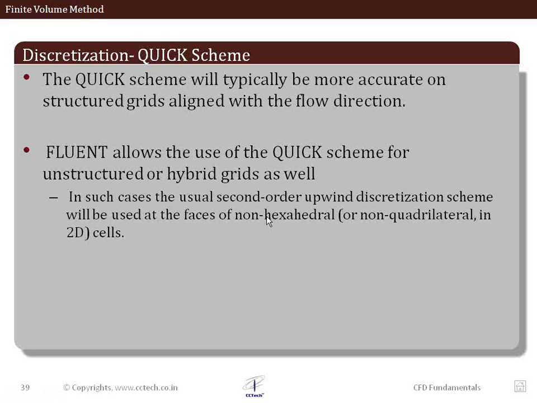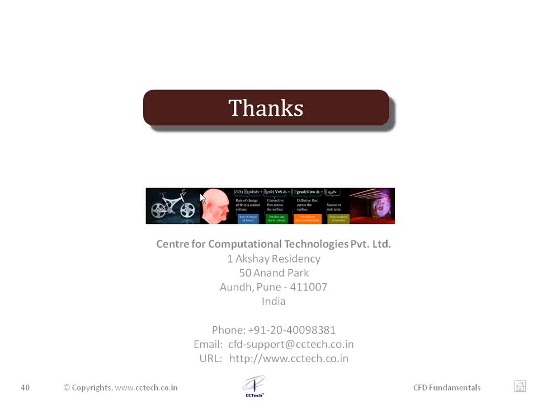In such cases it can switch over between the QUICK scheme being applied for the hexahedral mesh or the quadrilateral mesh in 2D, and for the unstructured elements like tetrahedral in 3D and triangles in 2D, the second order upwinding scheme is applied entirely. So solvers like Fluent are intelligent enough to take into account such hybrid meshes.